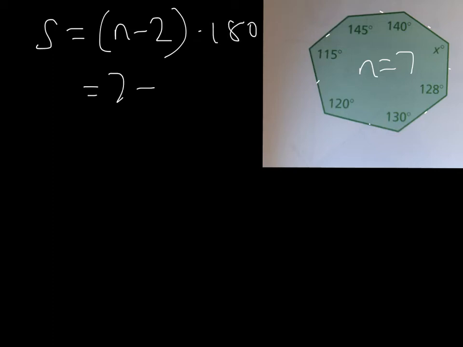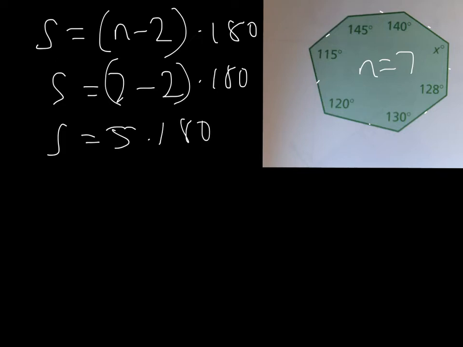So first we find out what the sum of all the angles needs to be. 5 times 180, S equals 5 times 180, 900 degrees. Okay, so the sum of all these angles in this polygon has to equal 900.